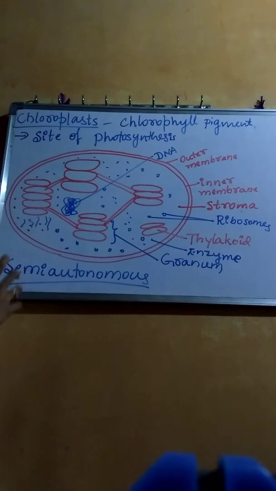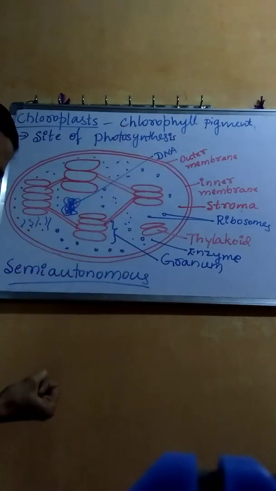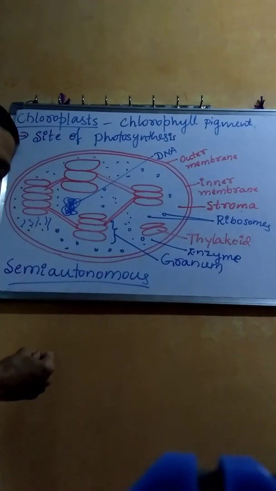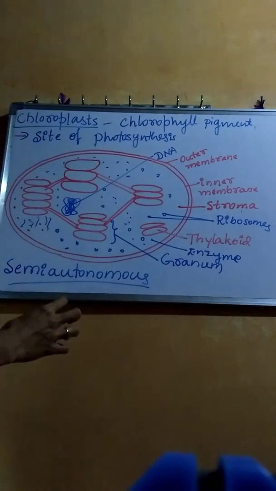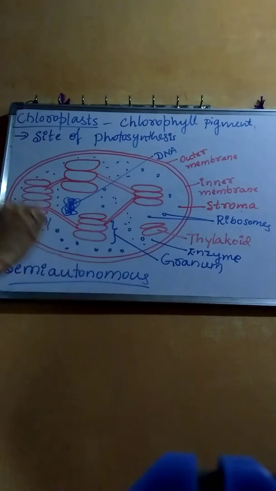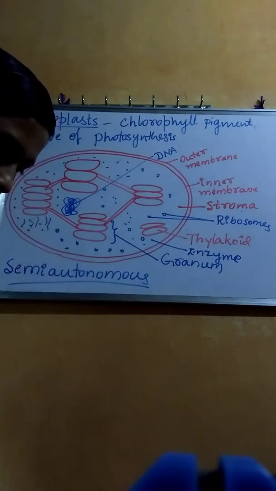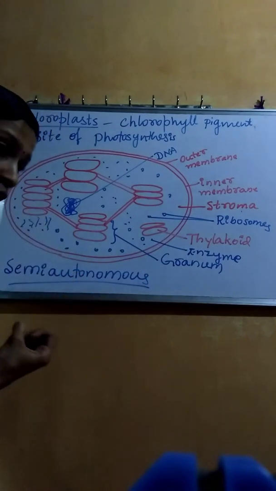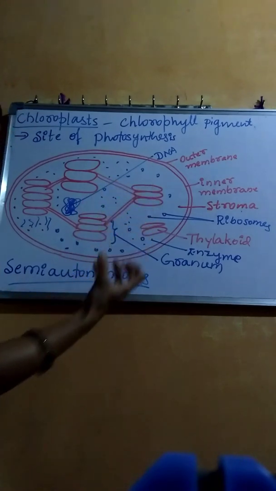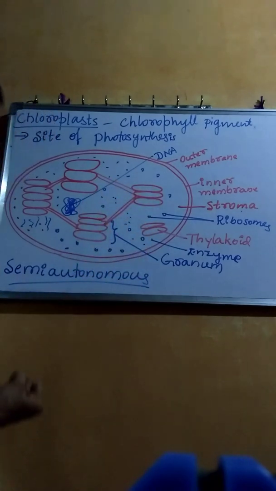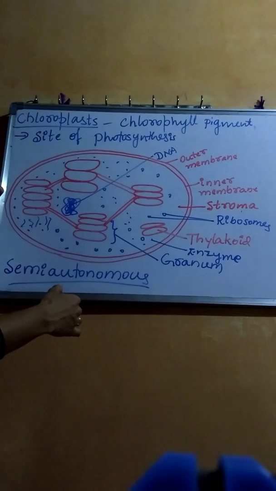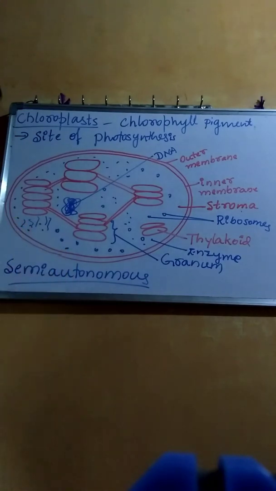Then chloroplast traps or absorbs the solar energy and is helpful in synthesizing food by the photosynthesis process.